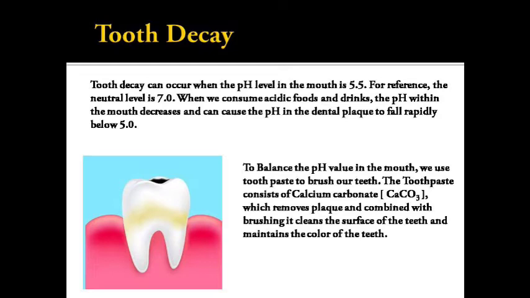The toothpaste consists of calcium carbonate as a main ingredient, which is a base which removes plaque easily. So when we brush our teeth, the basic content in the toothpaste gets mixed with the acidic mouth, and this paste, being basic in nature, neutralizes the level of the pH inside the mouth.